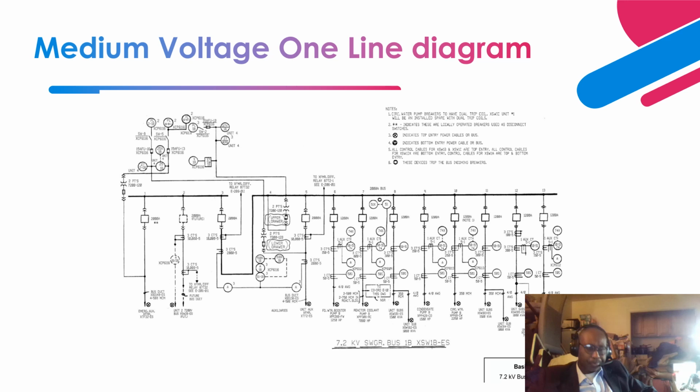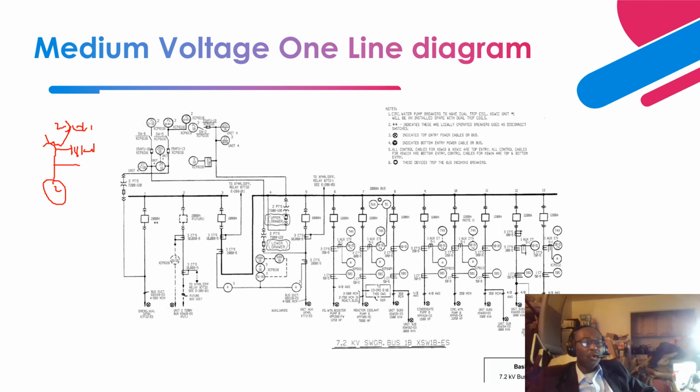Okay, so you have a generator, and you have a step-up transformer that steps the generator voltage, let's say, from 18 kV to 230 kV. Right at this top is your feed to your auxiliary bus, to your medium voltage level.